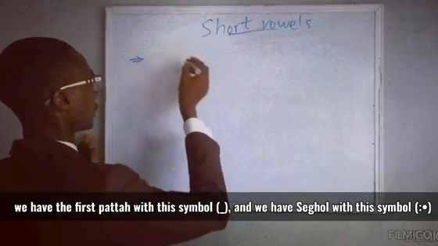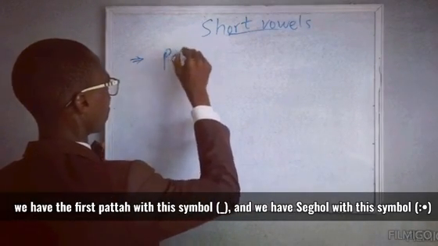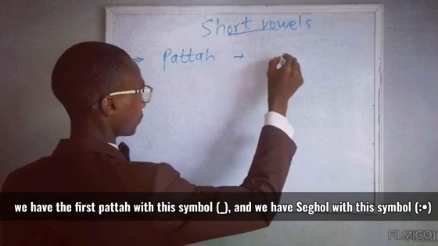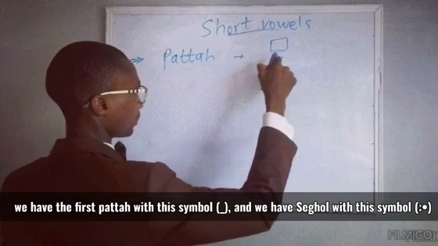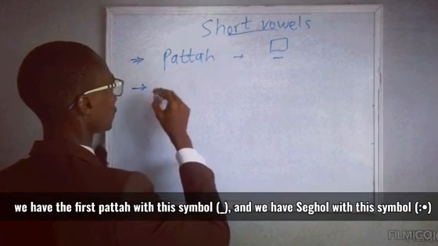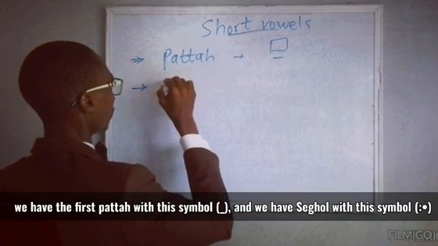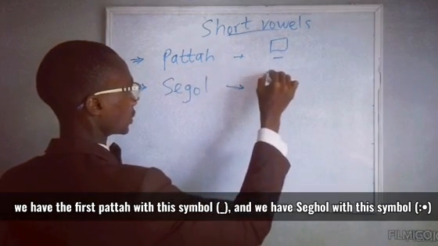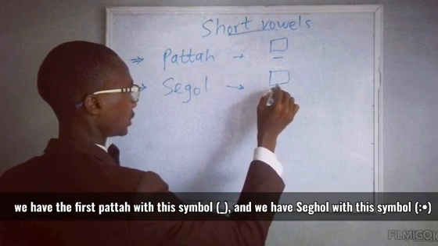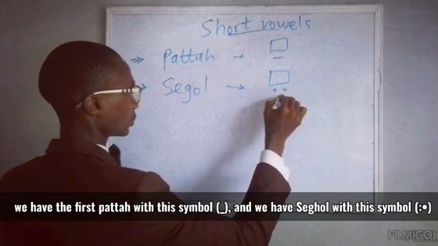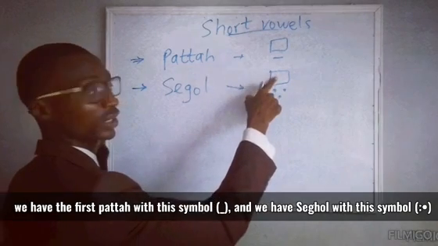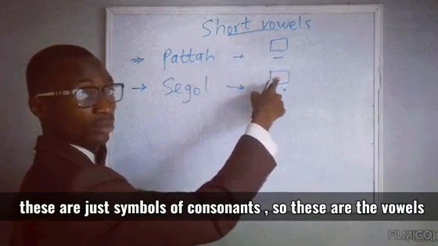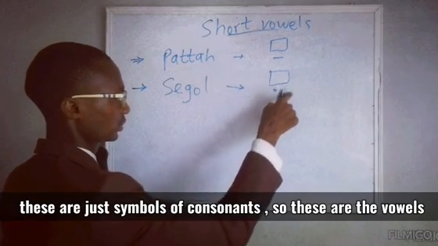The first is pata, with this symbol. Second, we have sego, and with this symbol. This is just a symbol of consonants, and this is the vowel.